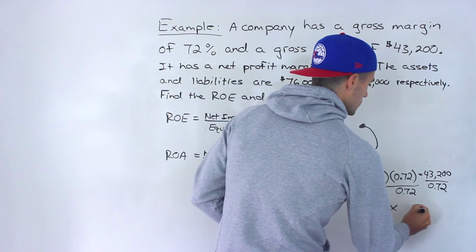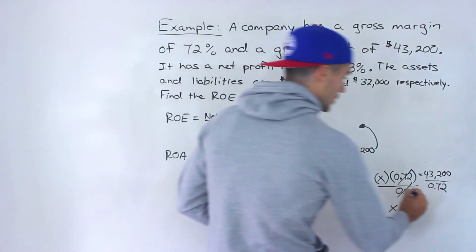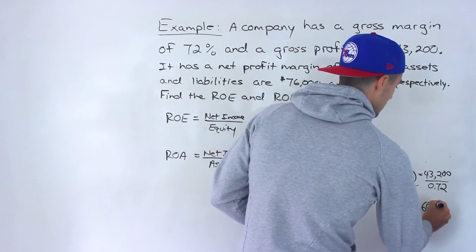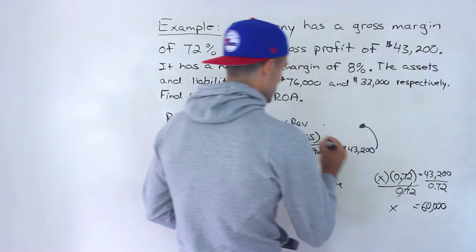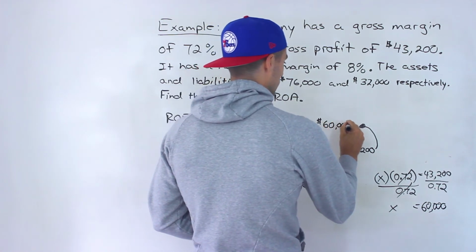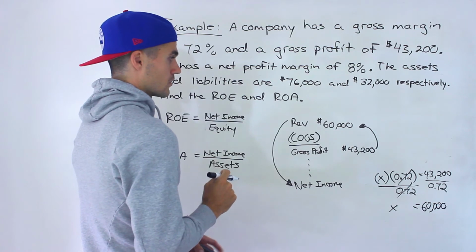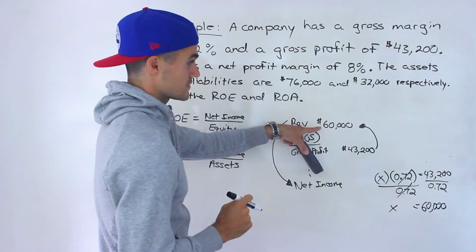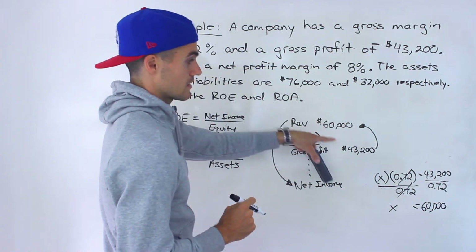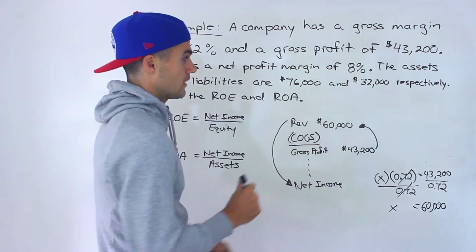These would cancel out, and 43,200 divided by 0.72 gives us 60,000. That ends up being our revenue. Check: 0.72 times 60,000 gives us 43,200.